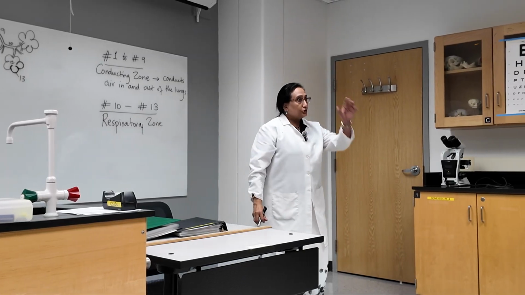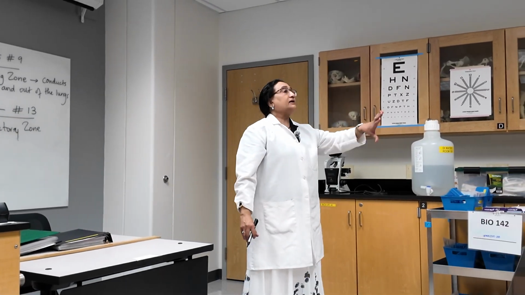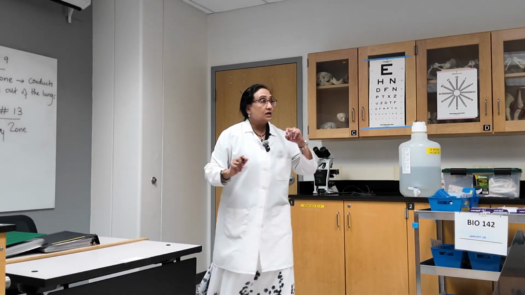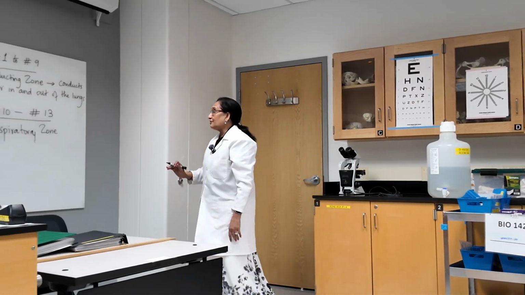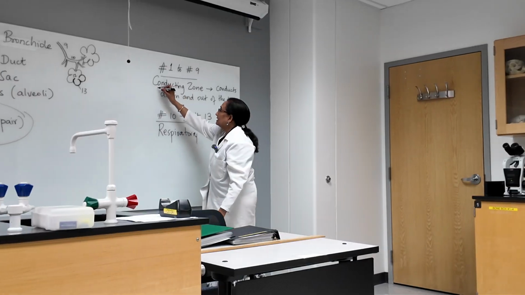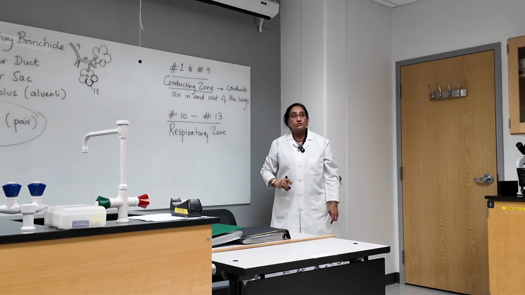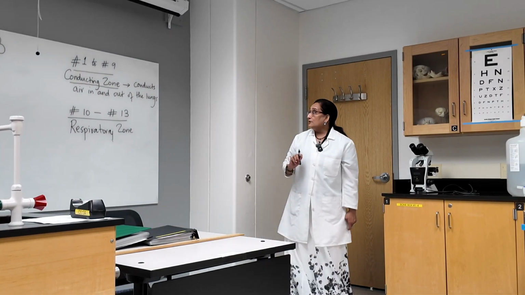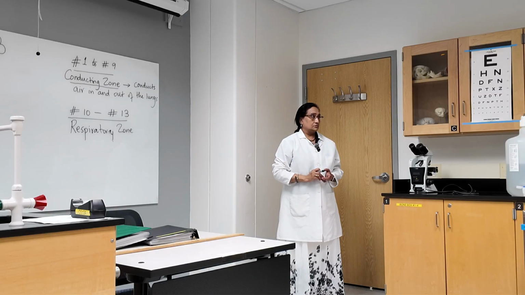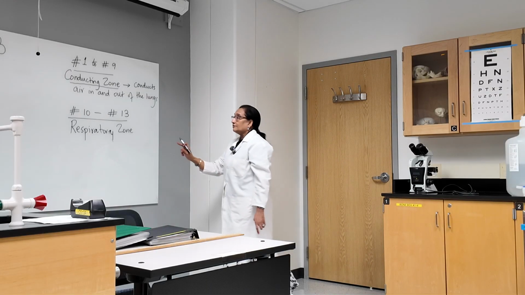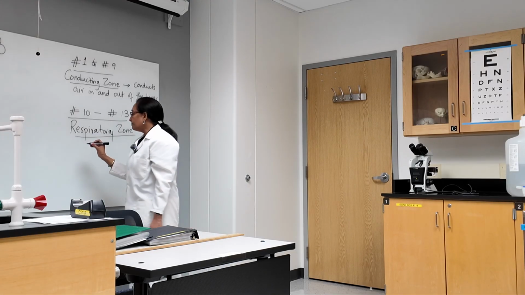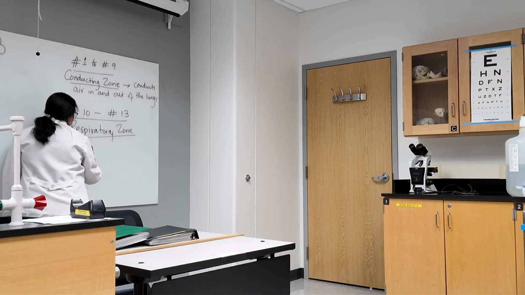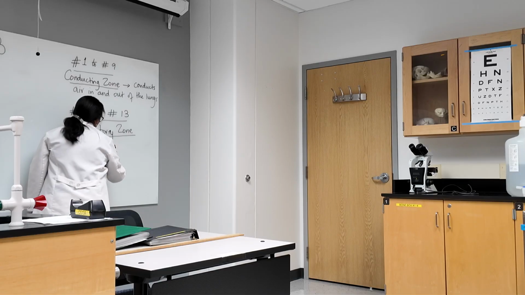It is just a tube through which air can enter into these air sacs and air can leave. That's it. No other specific function. That's why it's called conducting zone. It allows the air to move in and move out. Respiratory zone, this is where gas exchange occurs.